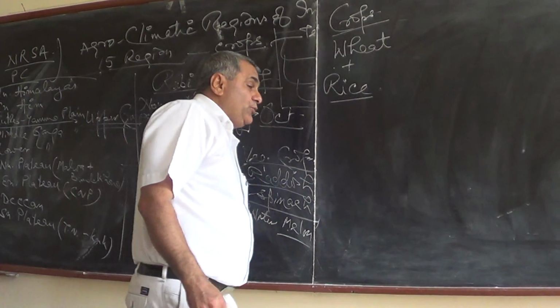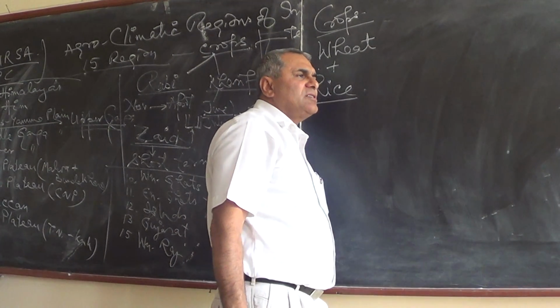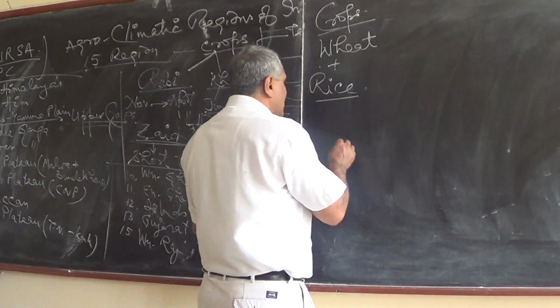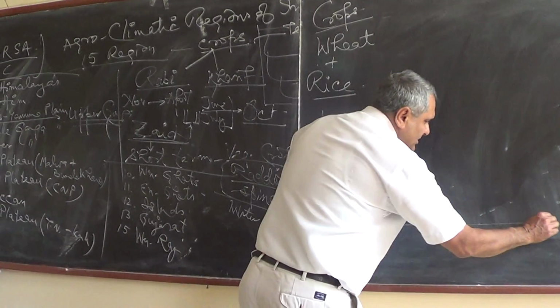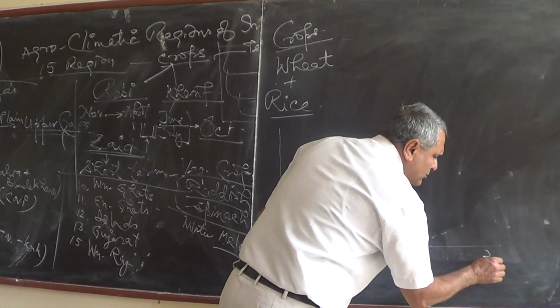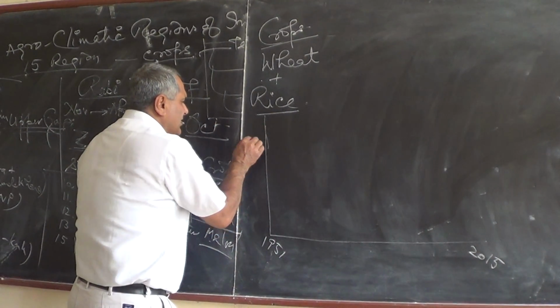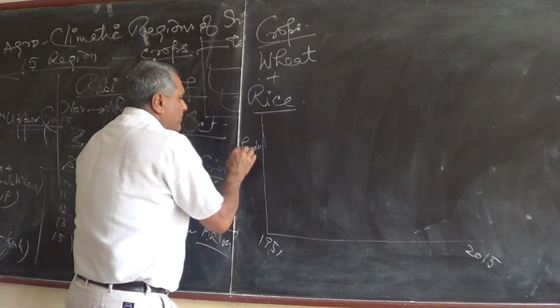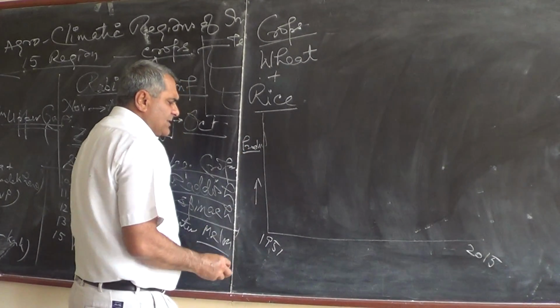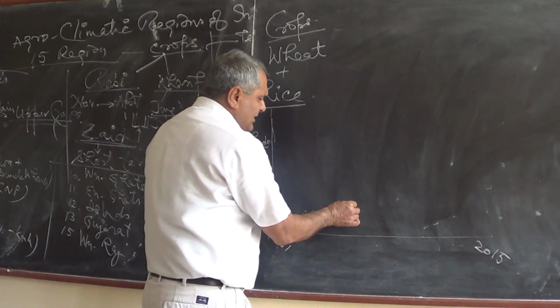Our production of wheat has increased tremendously after independence. If I construct the production chart from 1951 to 2015, this is the production of wheat and rice. Wheat was like this, rice was like this.